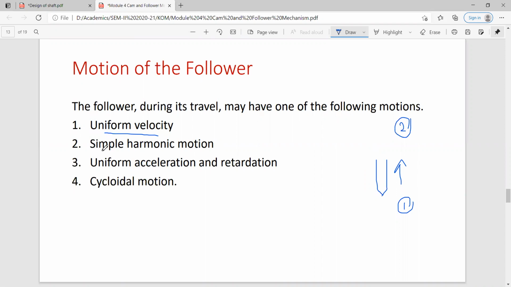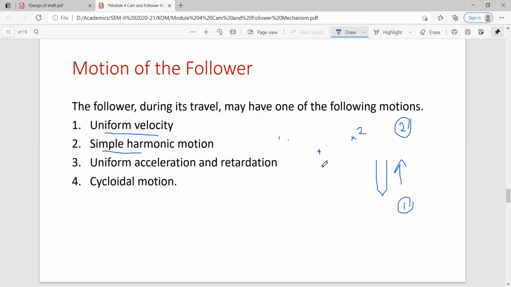The second case is that it is also possible that it moves with simple harmonic motion. What is simple harmonic motion? To and fro motion, you know already, that a particle has a center position and it has two extreme positions, 1 and 2.